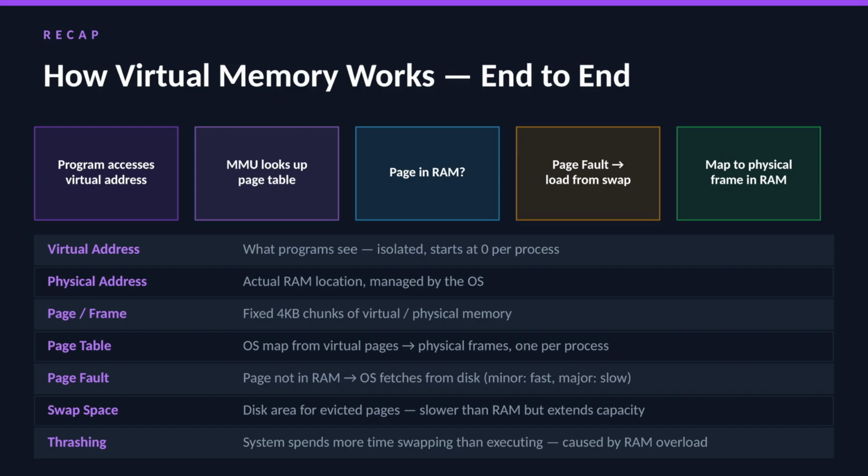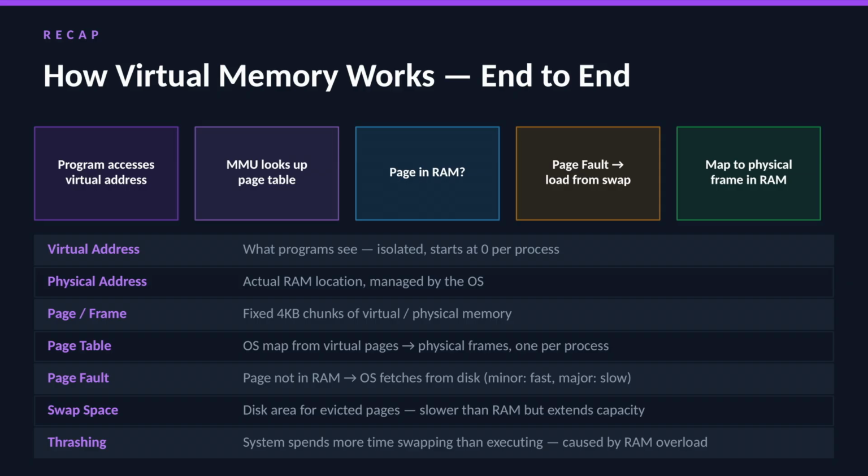Let's put everything together. When a program accesses a virtual address, the MMU looks it up in the page table. If the page is in RAM, it gets translated to a physical address and execution continues. If it is not in RAM, a page fault happens. The OS loads the page from swap space, updates the page table, and the CPU retries as if nothing happened.